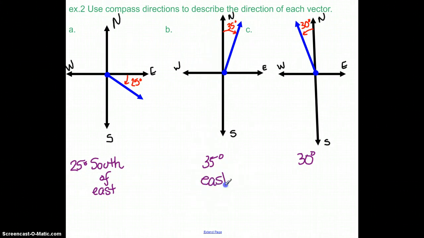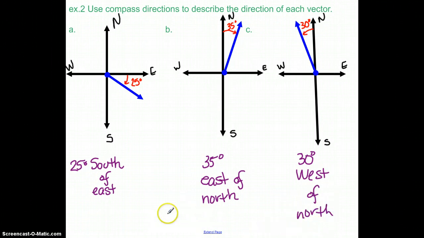So 35 degrees east of north. Then this one has moved 30 degrees west of north. Now those are easy ones to kind of confuse, so keep those ideas in mind.